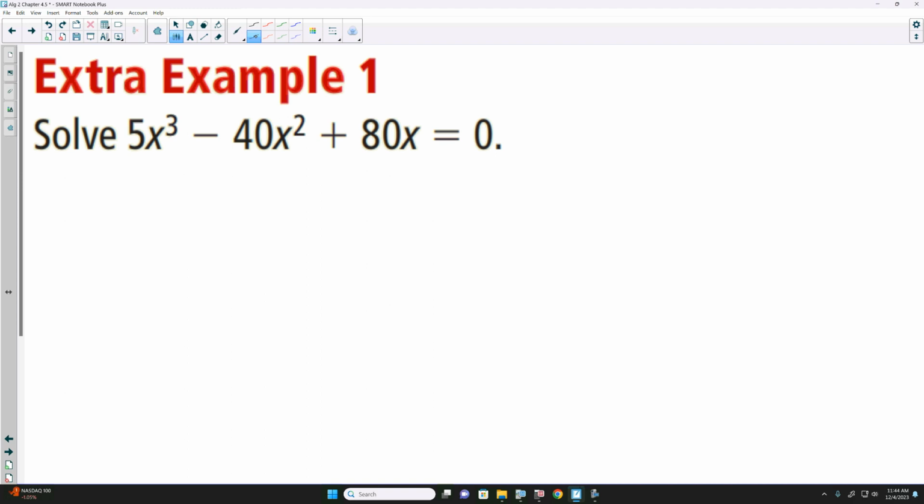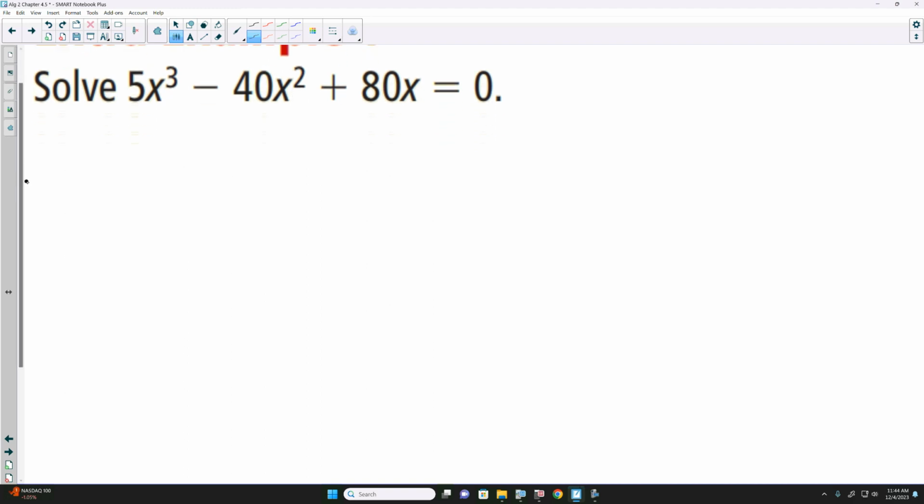So let's look at another one with factoring before we move on to another way to solve these. Again, with factoring, we're just looking for the greatest common factor, what will go into all three terms. Because for 5x cubed, 40x squared, 80x, well, 5 will go into all three terms because 5 goes into 5, 5 goes into 40, and 5 goes into 80.